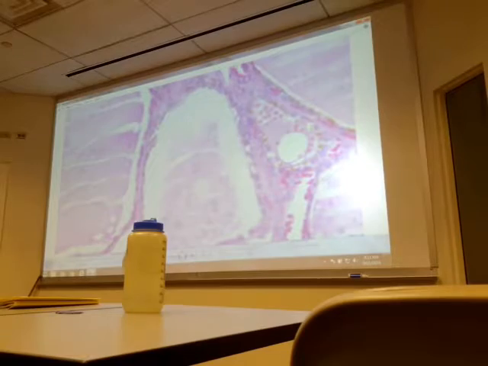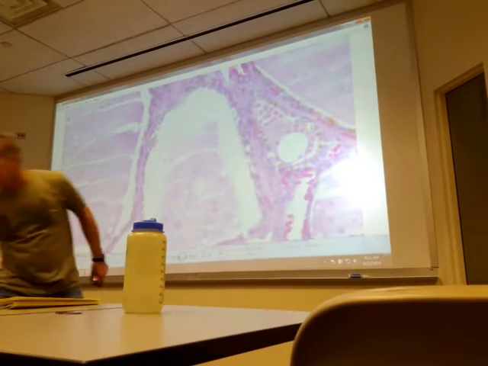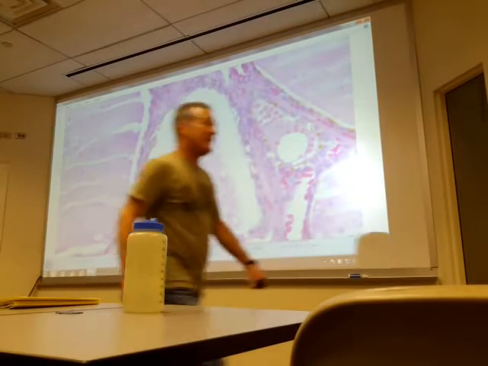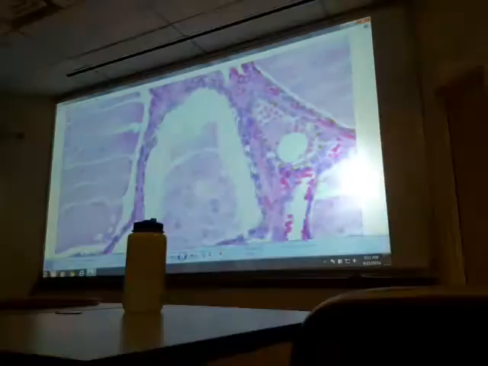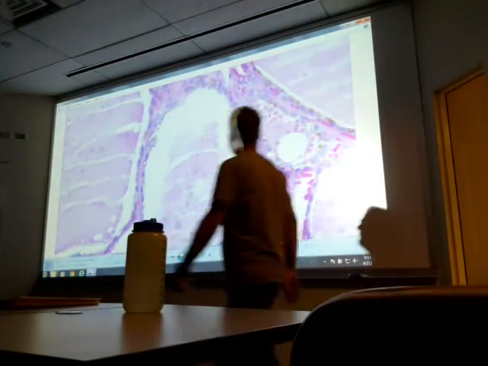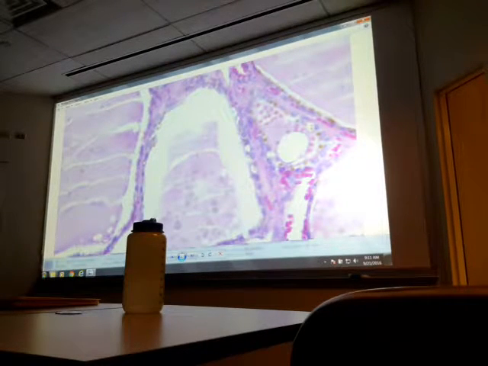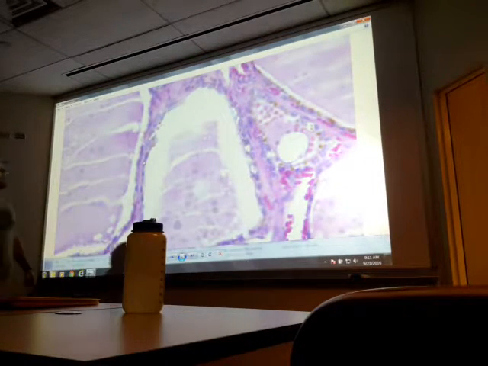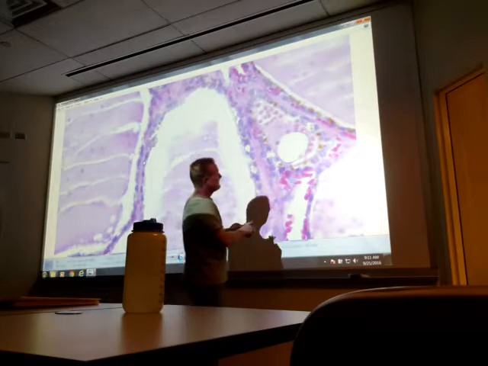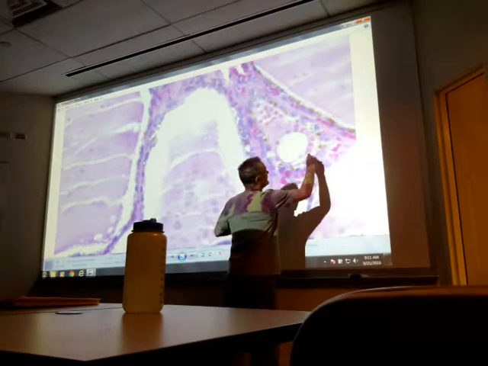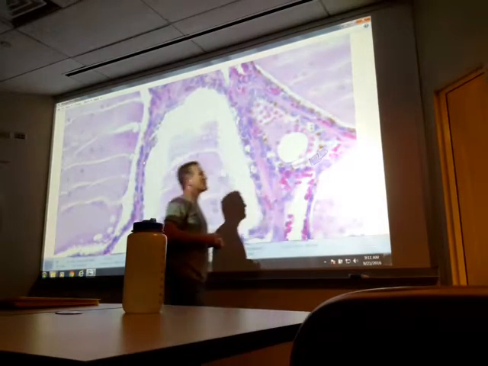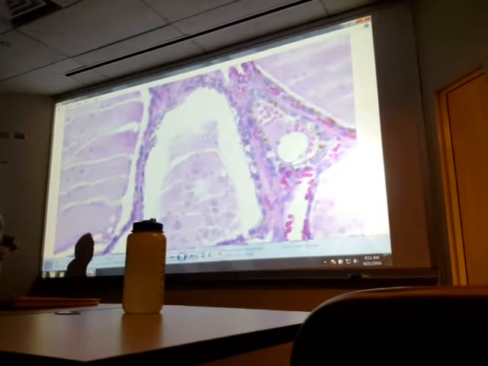Having said that, if I focus on those cells right there, they don't look very cuboidal. They look pretty thin. They don't look square shaped. If I come over here, there's a couple of cells that look pretty squarish, so more like a high cuboidal.